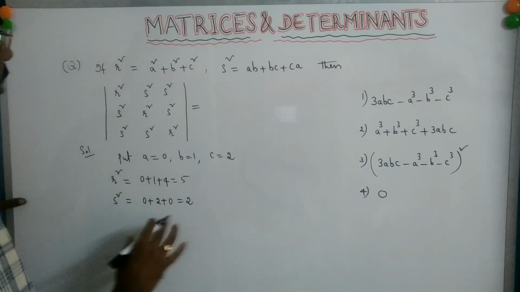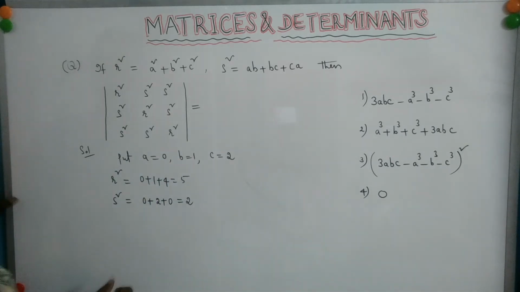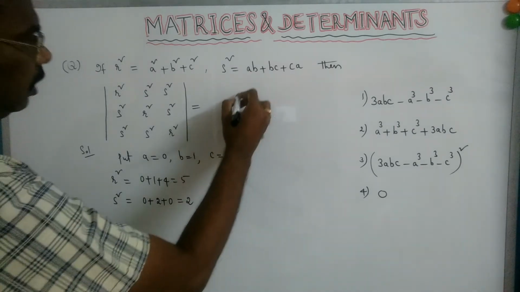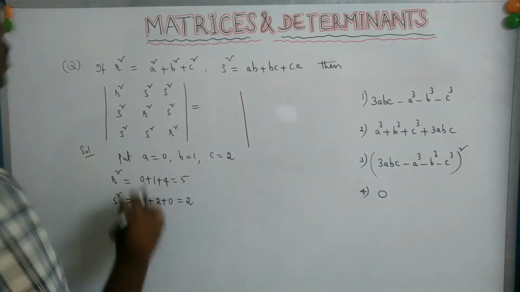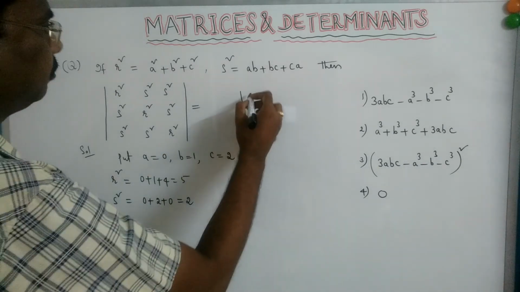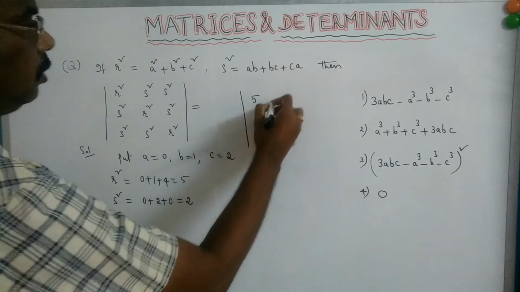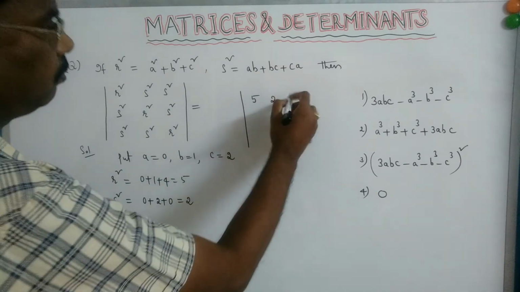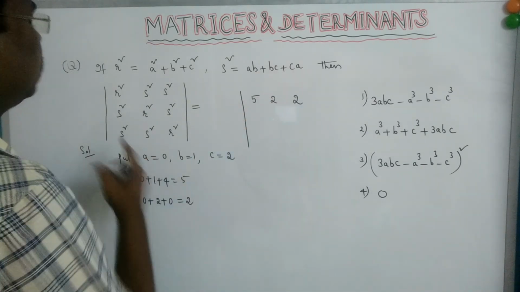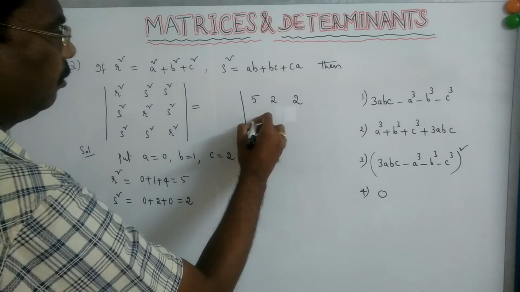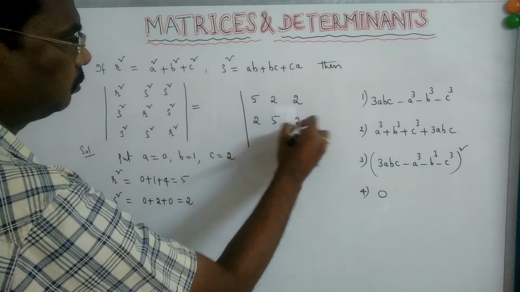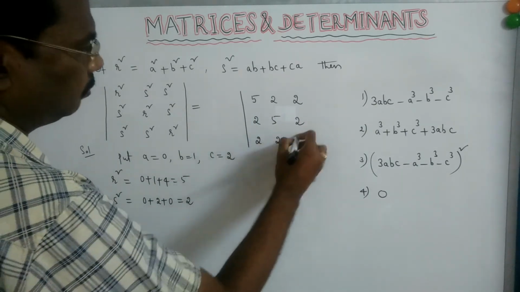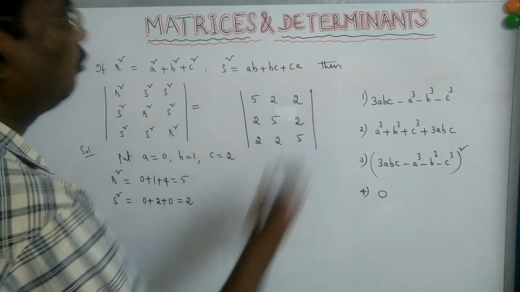Okay, substitute r square and s square. Now det of [5 2 2; 2 5 2; 2 2 5].